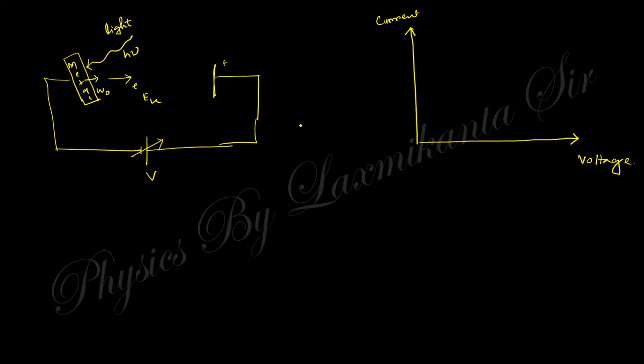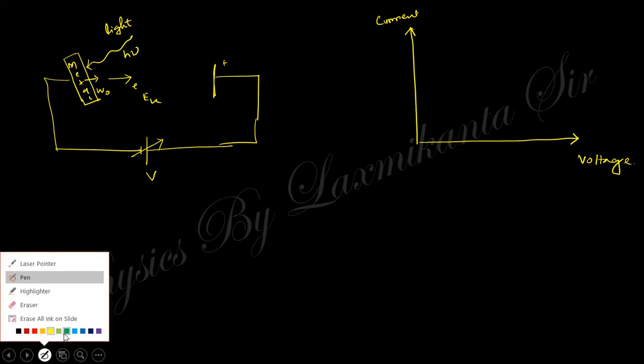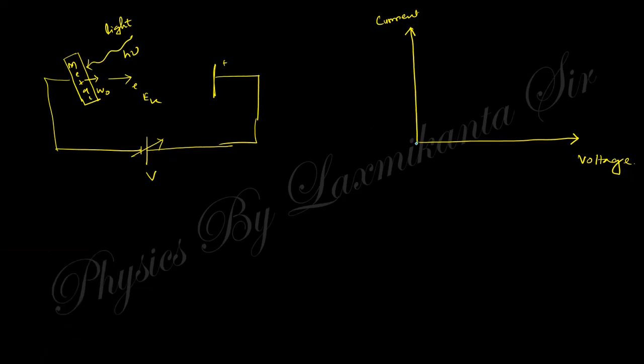if there is no voltage, that means at zero voltage, the electron must be ejected from there and flow. So at zero voltage there is also some current, right? Although the voltage is zero, there is a current.